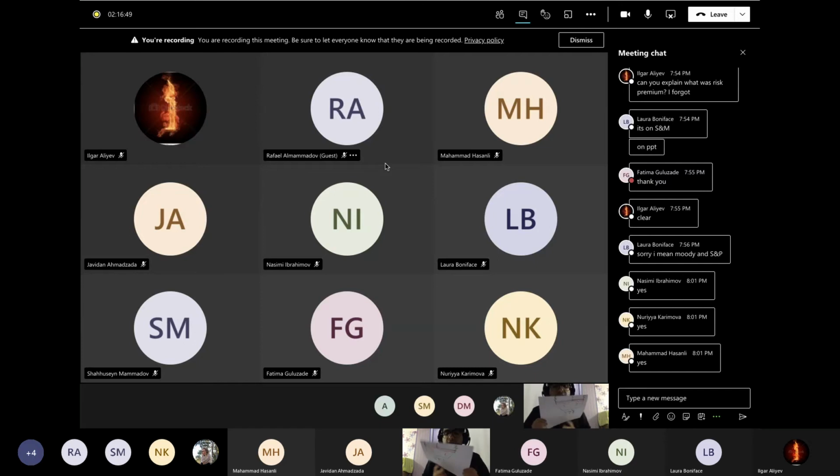So, 1 plus 0.05 times 1 plus I equals 1 plus 0.055.